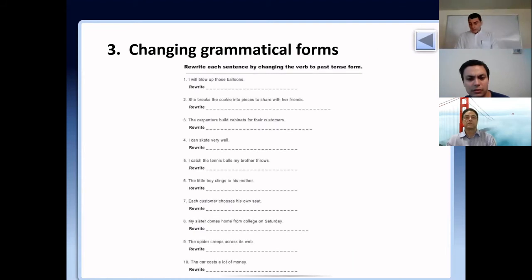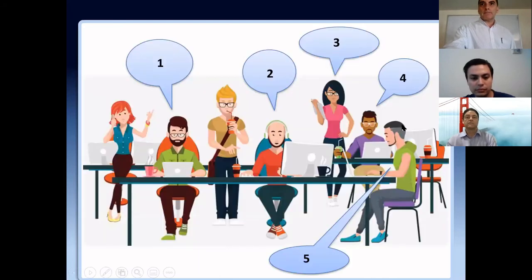So here's an example, and indeed the sentences given are either in the present simple or the future simple, and students have to rewrite the sentences in the past simple. So that's a popular one. Okay, so moving on.